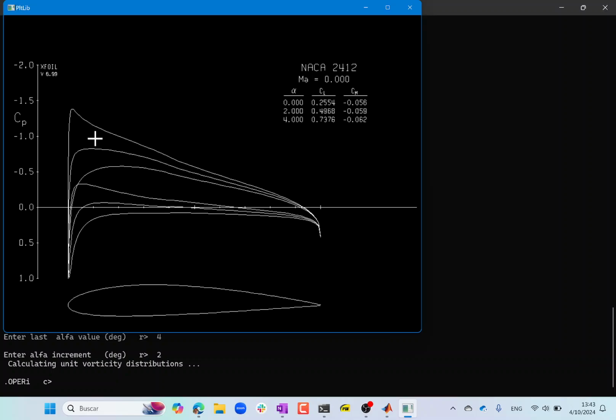You can change the 4 digits whatever you want. Remember, the first digit is the camber, the magnitude of the camber in percent. The second number is the location of the max camber. It can be 1, meaning the max camber is very close to the leading edge. It can be 9, which means it's very close to the trailing edge, right? The last 2 digits are how thick the airfoil is.